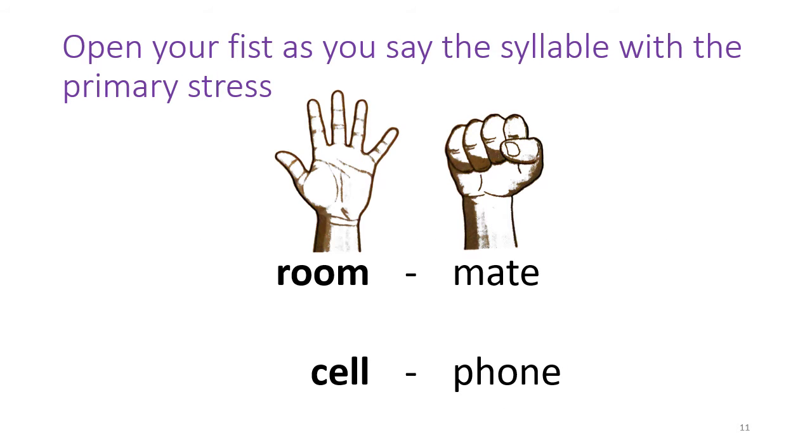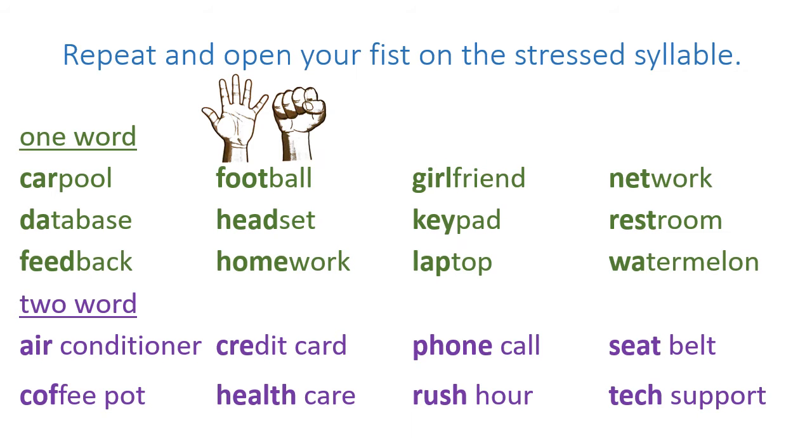Open your fist as you say the syllables with the primary stress. Roommate, cell phone. Carpool. Database. Feedback. Football. Headset. Homework. Girlfriend. Keypad.